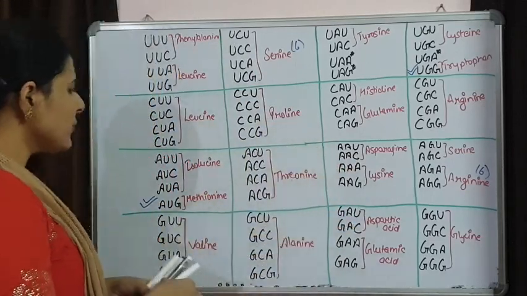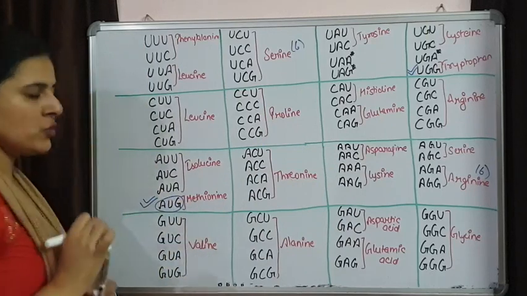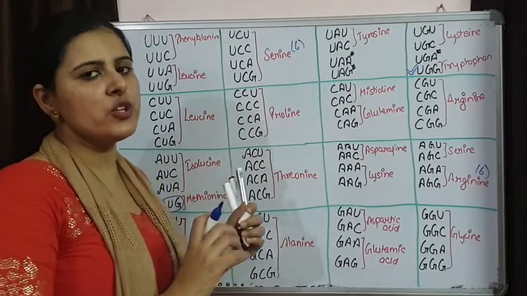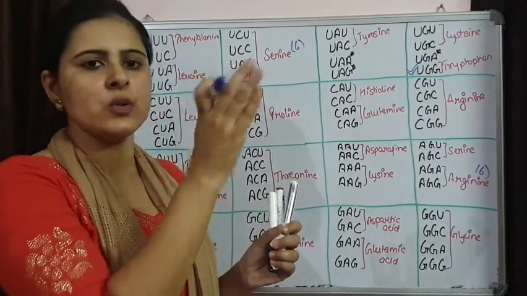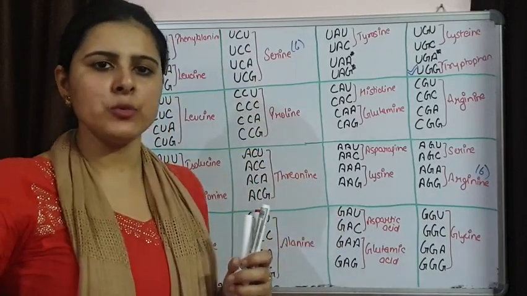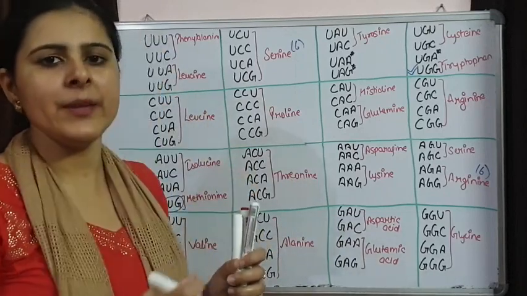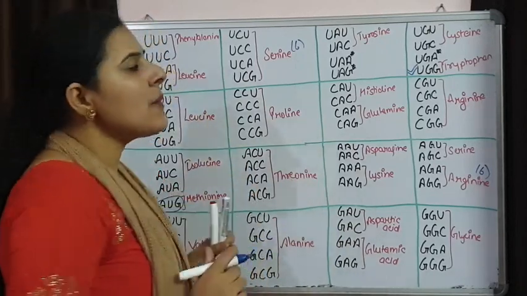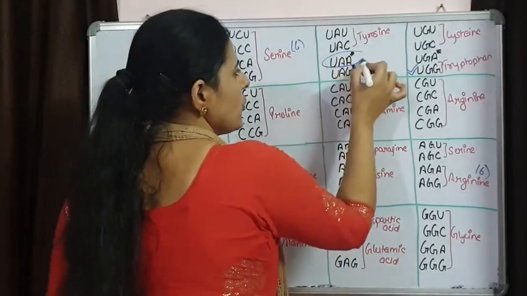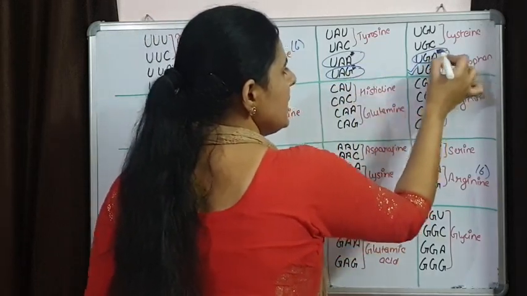Now out of these codons, some codons are behaving as the initiator codon, like AUG. Initiator codon means this AUG will always be present first on the mRNA. The mRNA is running in 5' to 3' direction, so it will be present as the first codon at the 5' end. And some are behaving as stop codons, or we can say terminator codons, for example UAA, UAG and UGA.